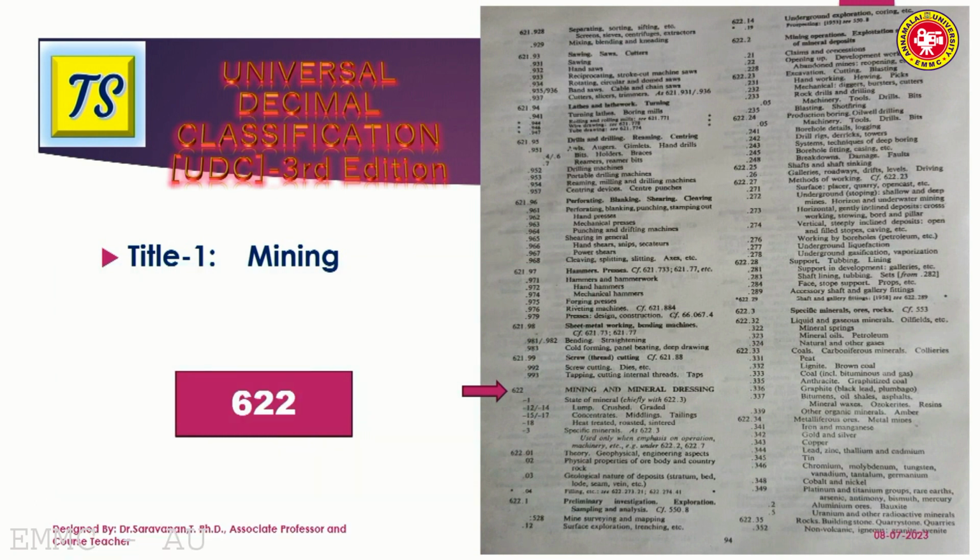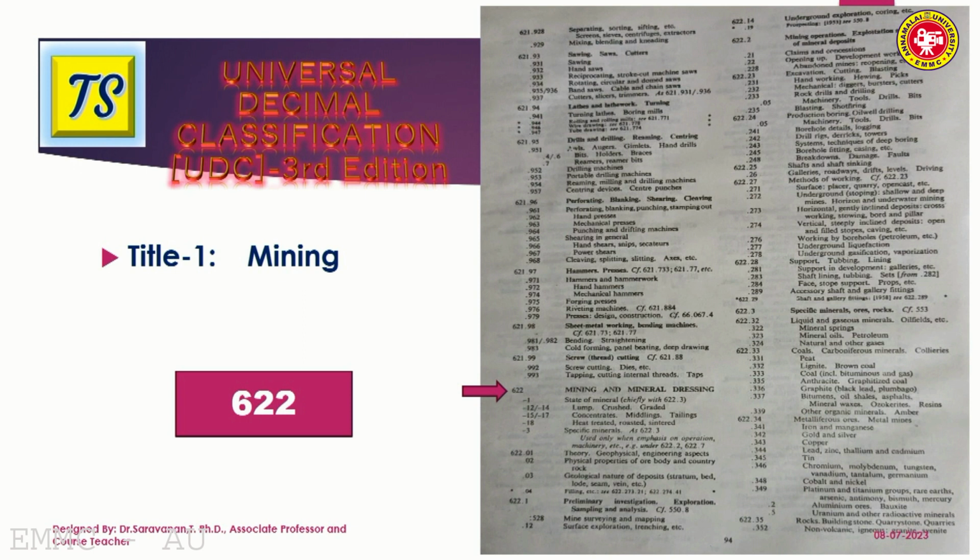See, the mining digit is 622. If you open the schedule in page 94, you can find the digit 622 provided against the title term mining. So this is, of course, a simple title.